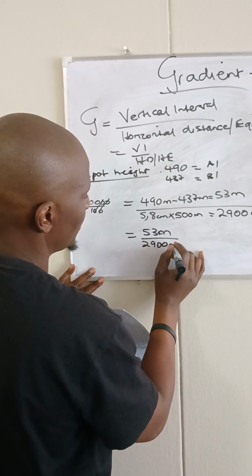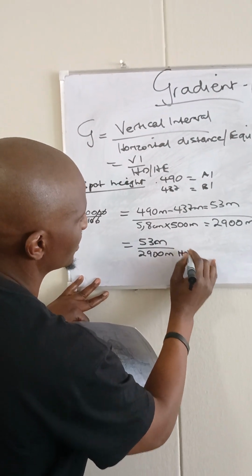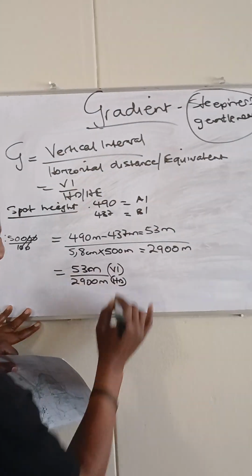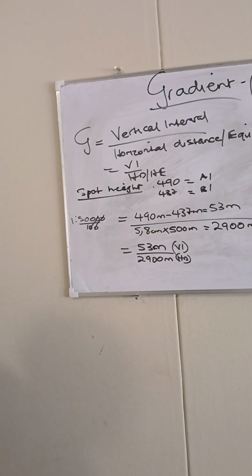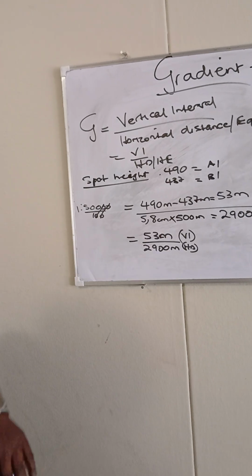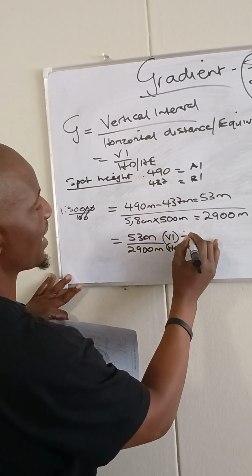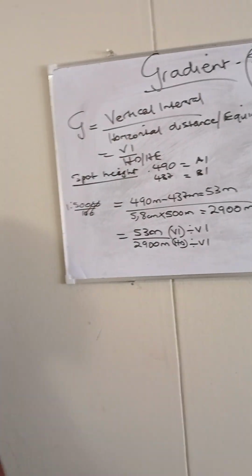Now that we have got these 2 figures, which is 53 meters for our VI, then we have got 2,900 meters for our HD. This is our HD. This is our VI. We do not leave it like this. We have to divide both by the VI, which is our numerator. Here we divide by the VI, and here we also divide by the VI, which is the vertical interval.